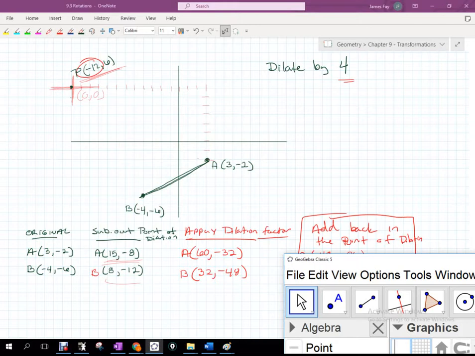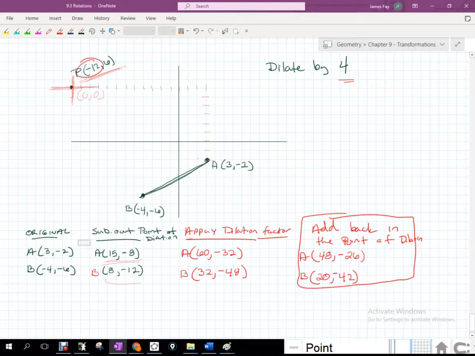So then everything was defined, so all these points got redefined based on this point being the origin. But the final answer doesn't know that we did that. So we need to go back and say, well, this is really the true origin. So we need that movement that we took from the left and up, we got to put back in at the end through addition.